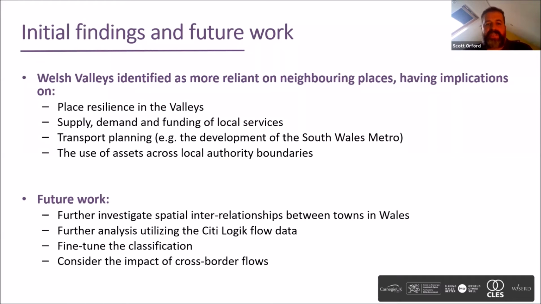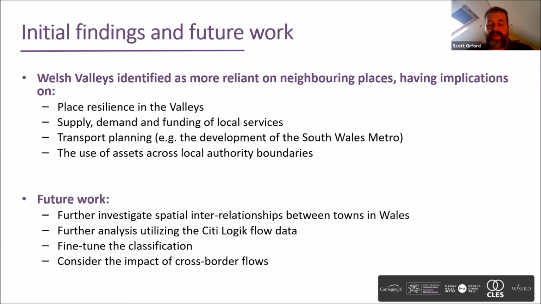We also want to consider the impact of cross-border flows. At the moment, in Understanding Welsh Places, we've only ever looked at assets within Wales. And we know that the Welsh border is very porous in terms of flows of people and accessing goods and services in towns in England. We also know that during the lockdown, it was very difficult to cross the border, or illegal to cross the border in some cases.